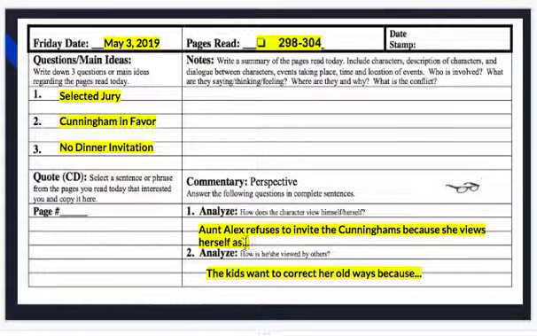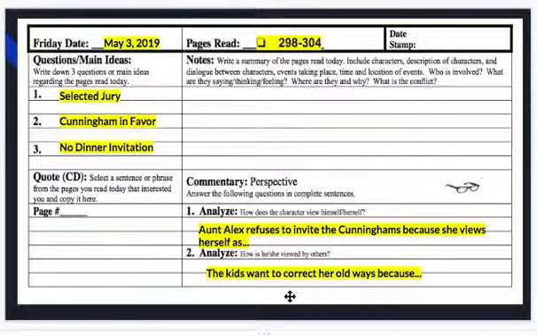Now, the question is, how does the character view herself? Aunt Alex refuses to invite the Cunninghams because she views herself as, and you want to fill in the blank, and then another section is, how is she viewed by others? The kids want to correct her old ways because.